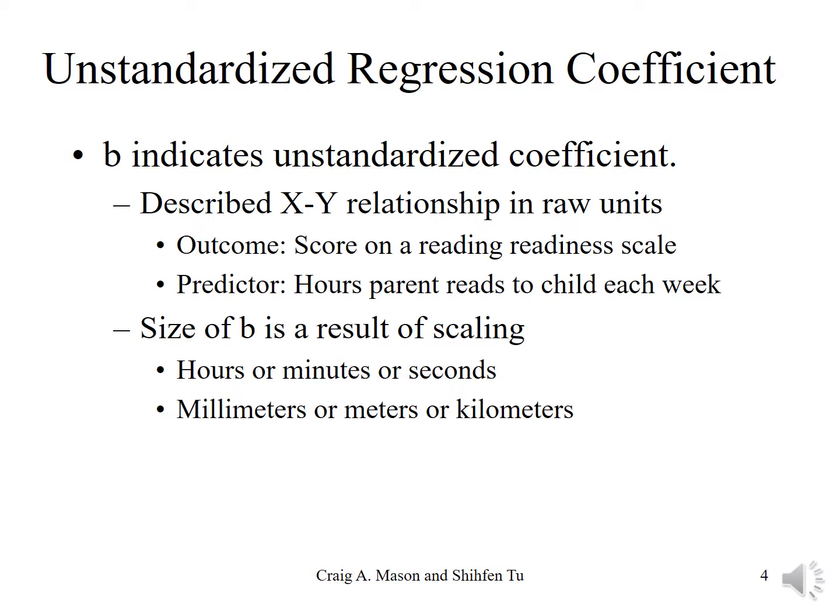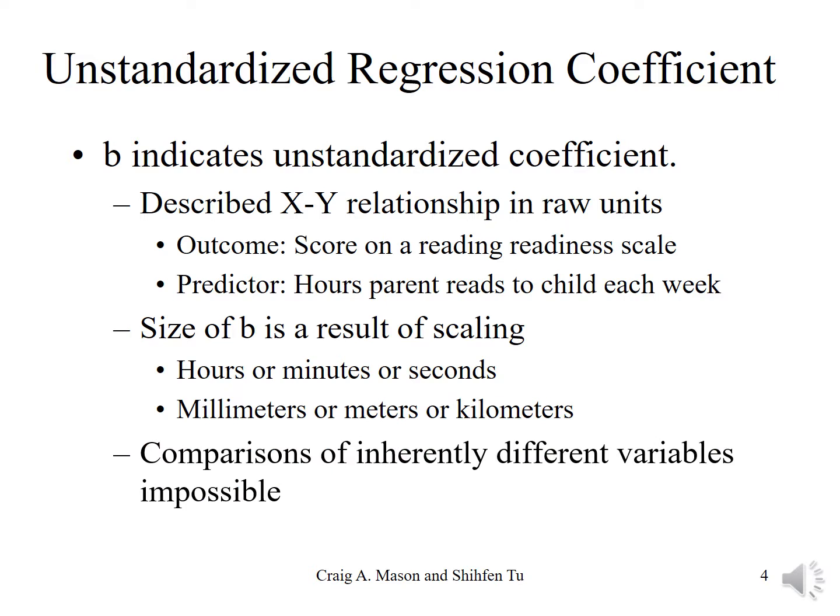When we get to multiple regression and have more than one predictor, we'll see a different problem. Because different variables reflect different constructs that may be measured using very different scales, it's impossible to compare the size of inherently different variables using unstandardized regression coefficients.